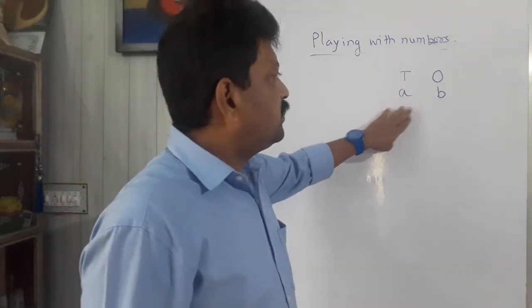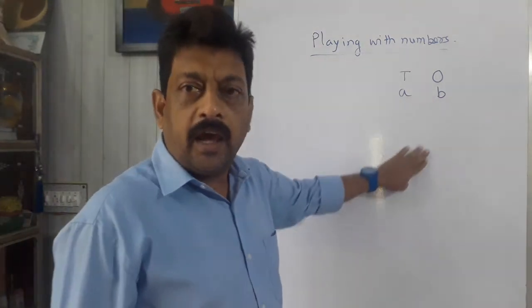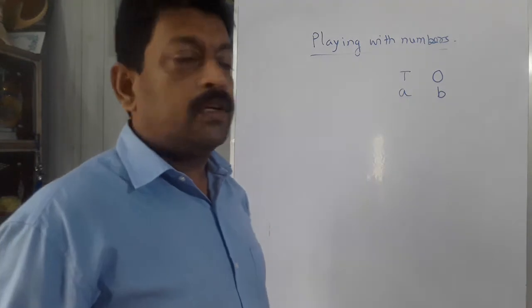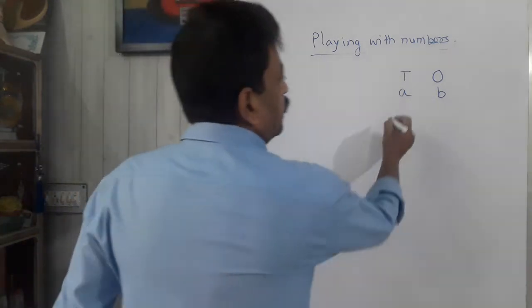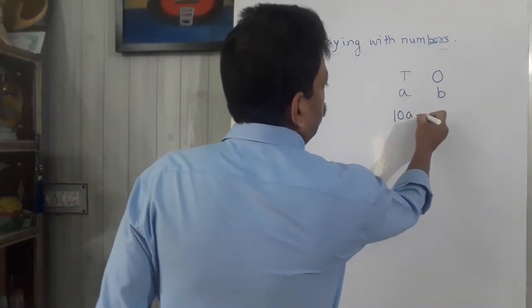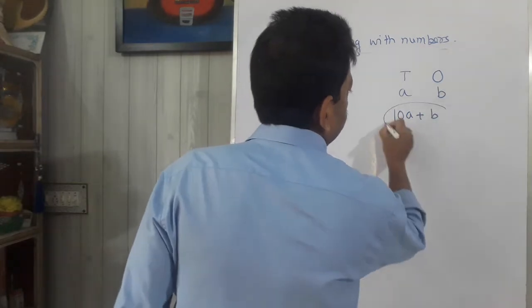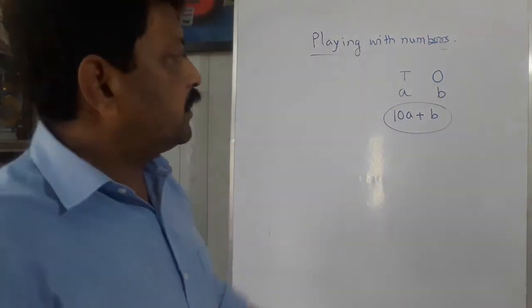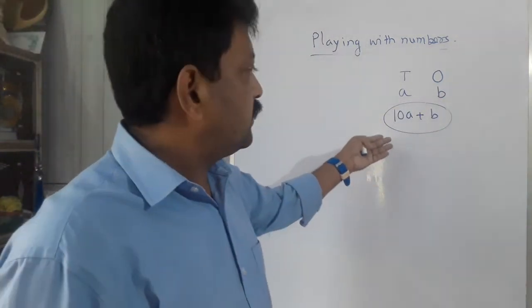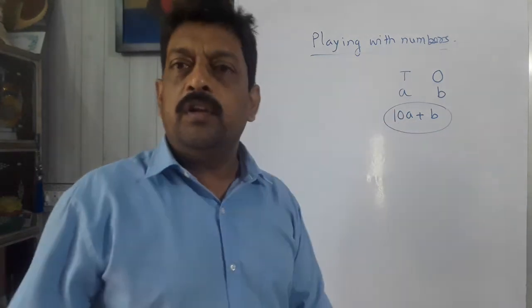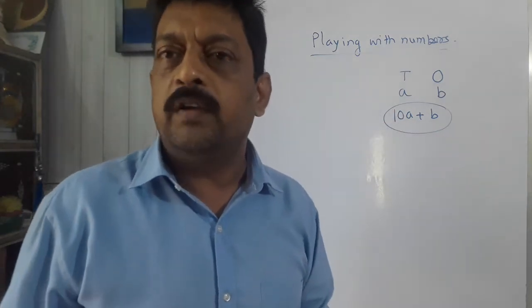A is the tens digit and B is the unit digit. And the 2-digit number is taken as 10A plus B. Always take the 2-digit number as 10A plus B, or you can take 10x plus y also.